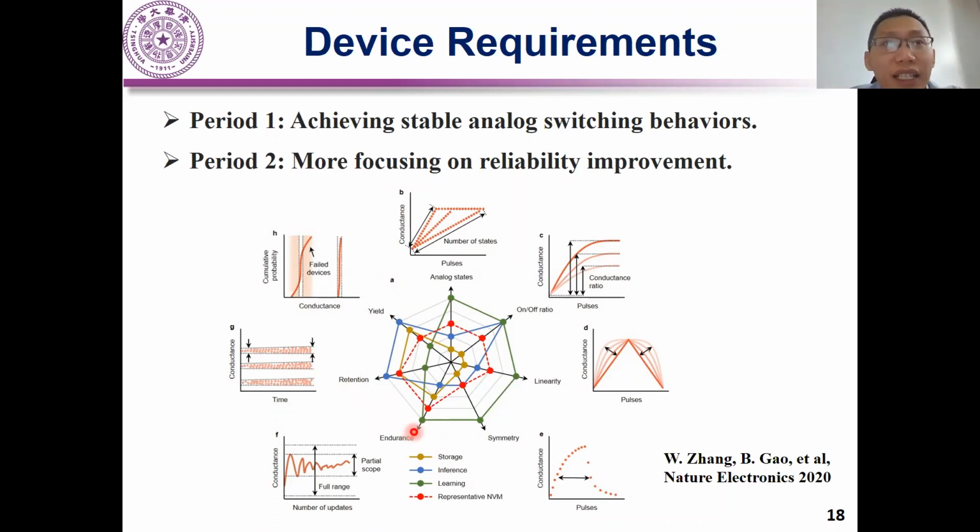But CIM applications need to realize multiple states and a large ratio. And for the learning case, the linearity and symmetry of the conductance tuning are also important. So our first task is to achieve stable analog switching behavior. And after that, we study how to improve the reliability of analog RRAM.